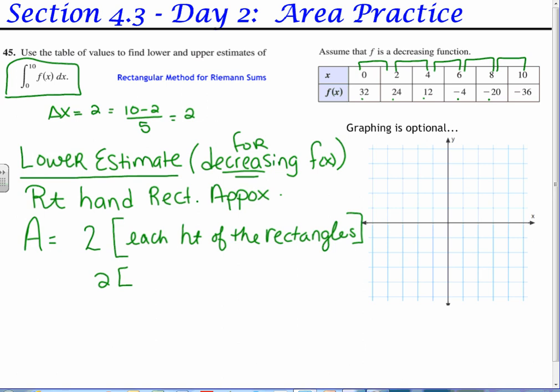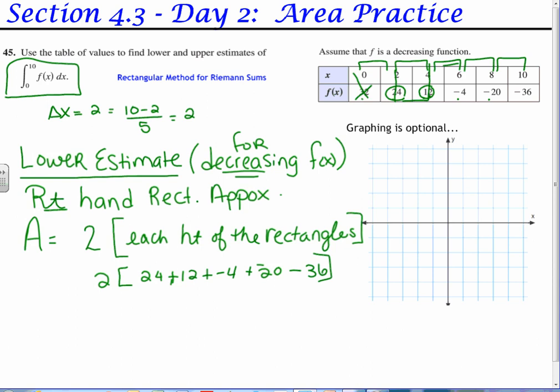Now, since I want to use right hand, I'm going to eliminate working with the 32, and my height will be the 24 plus the 12 plus the -4 plus the -20 plus the -36. Those would all be the right-hand side. If I'm on the interval from 0 to 2, right-hand value would be 24. In my next rectangle, you can see how the right hand would be 12.